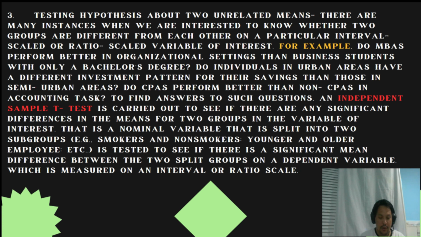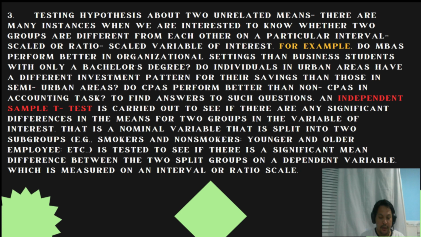For example, do MBAs perform better in organizational settings than business students with only a bachelor degree? Do individuals in urban areas have a different investment pattern for their savings than those in semi-urban areas?